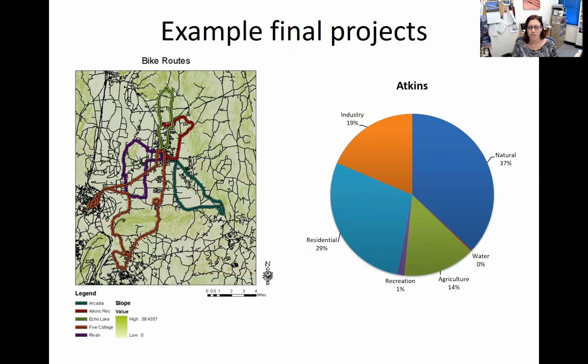Here's another example of a data creation project. This was a student who's really interested in biking and looking at different bike routes around the Amherst area.